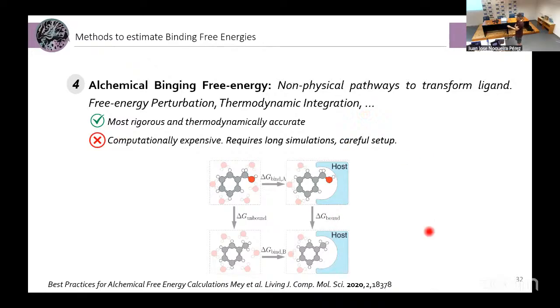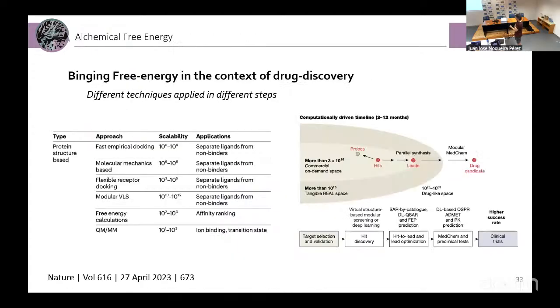And the main point here is the setup. It's quite difficult to set up an alchemical binding free energy calculation. And this afternoon we are going to use a Google Colab that has been prepared by the people of Open Force Field, that I would say is probably one of the best options to do this without any prior knowledge.